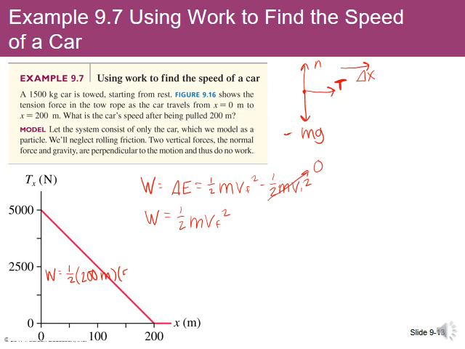of 200 meters times 5,000 newtons, which is 500,000 joules. So then we can come up here and say, okay, now I know that the tension force does 500,000 joules of work.